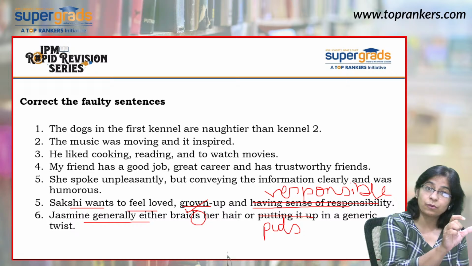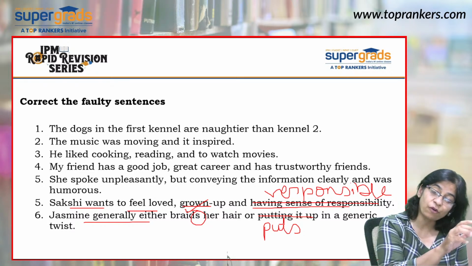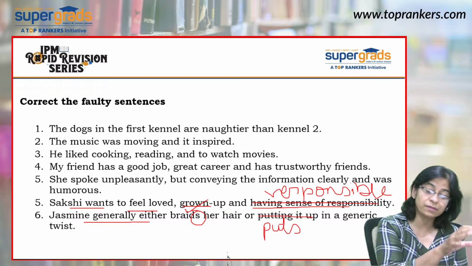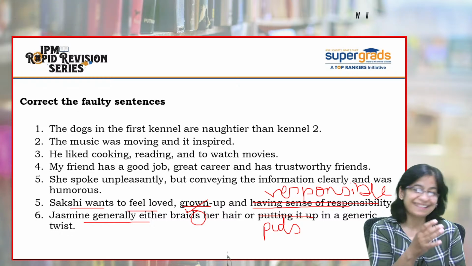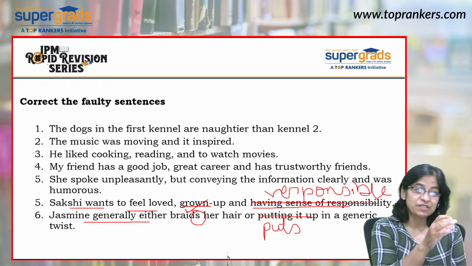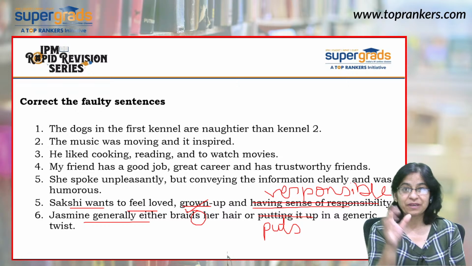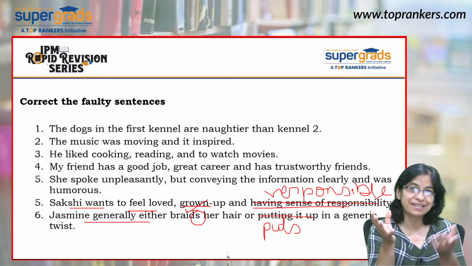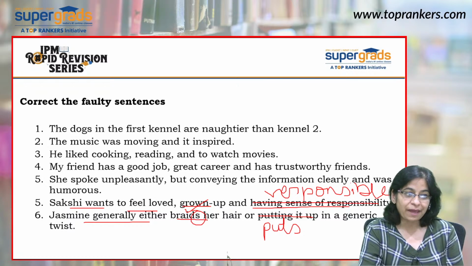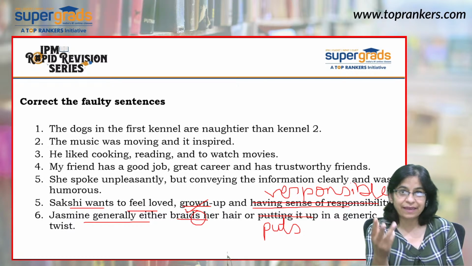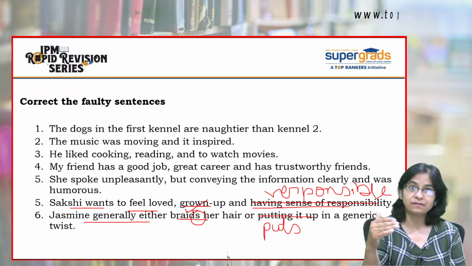So, if the first part of the verb is in simple present form, the second part, yes, that's right, actually. That's absolutely right. So, she braids her hair or puts it up in a generic twist. That's how she ties her hair or does her hair. See, we looked for the parallel structure, the simple present form, and again the simple present form. That's what parallelism is all about.